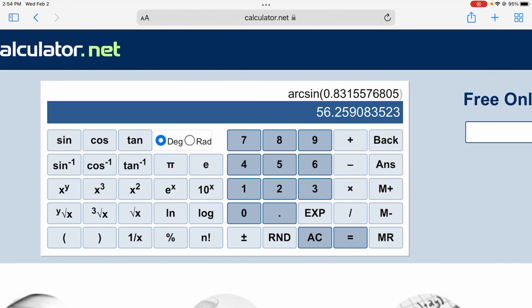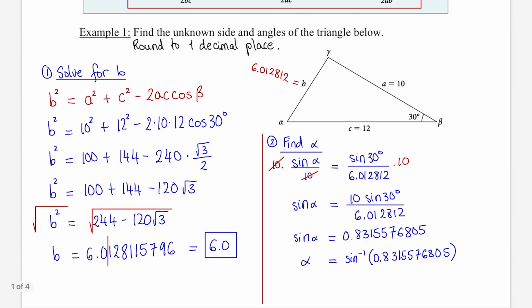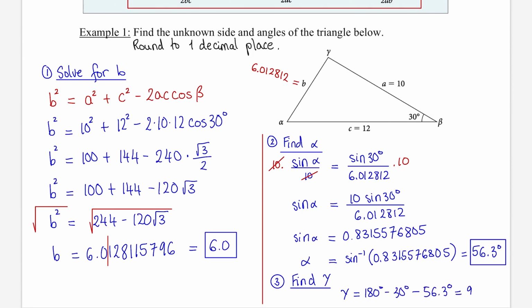And the question asked me to round to one decimal place, so that would be 56.3 degrees. And to find angle gamma, I will take 180 degrees minus 30 degrees minus 56.3 degrees. And I got 93.7 degrees.